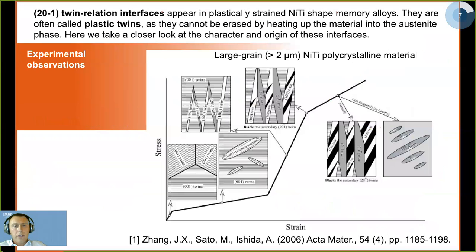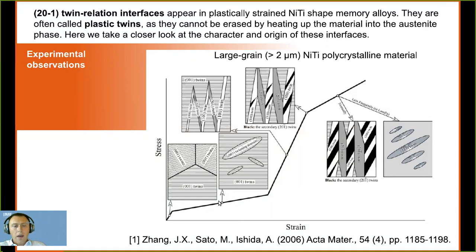So the 20-1 interfaces are observed in plastically deformed B19 prime martensite. They are called plastic twins, which means that they cannot be erased by heating the material up to austenite. And an additional specific feature of these twins is that they are nearly always observed in the form of very specific patterns, as you can see here in this nice figure from a paper from 2006.